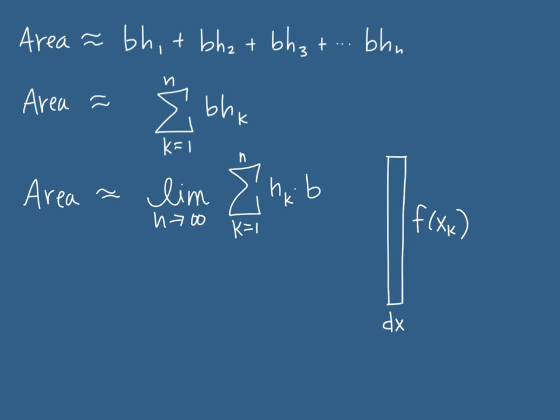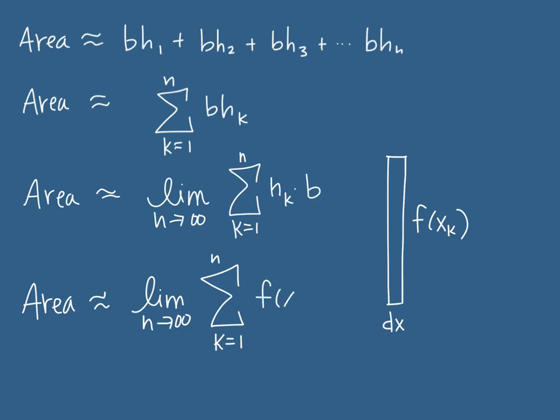So then let's go back to our equation. So now we've got the area is approximated by the limit as n approaches infinity of the sigma as k goes from 1 to n. And then of h of k, we use f of x sub k. And for b, we use dx.